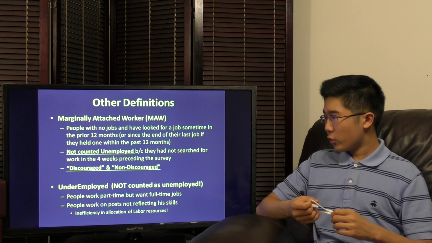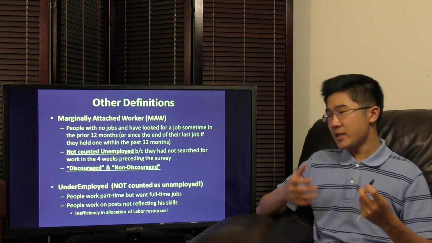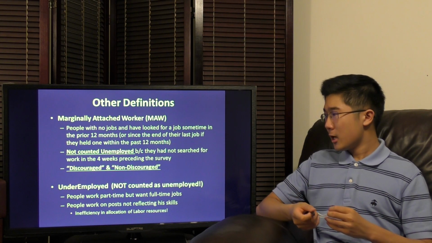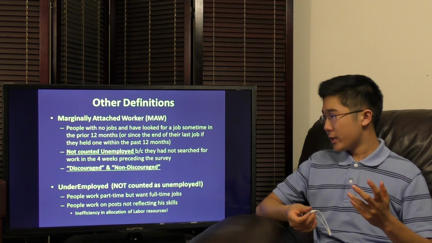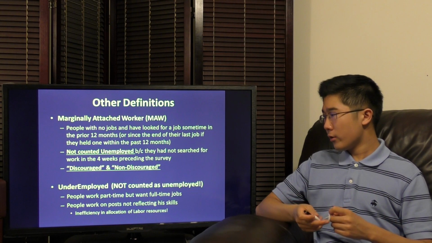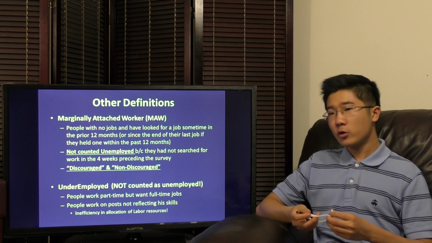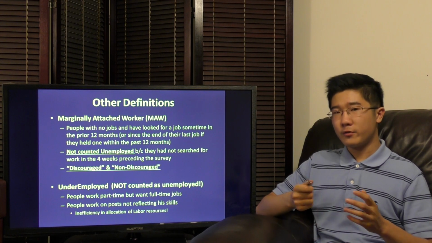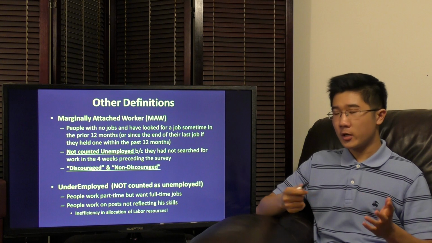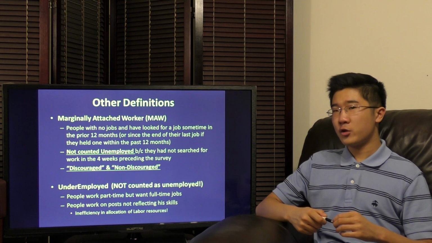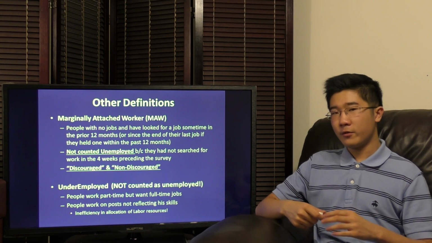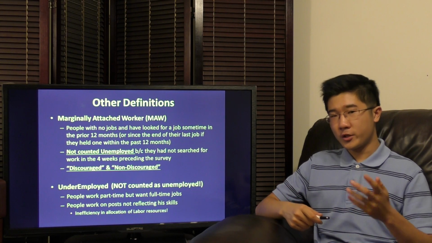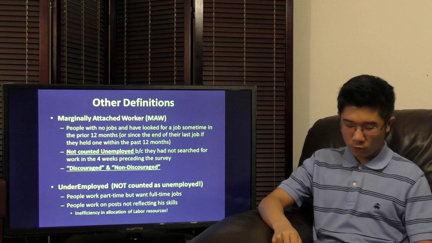And finally, there are underemployed workers who are technically employed, but they're still underutilized in their labor because they either work part-time when they could or want to work full-time, or they're working in posts that they're overqualified for. For instance, say a computer science major having to work as a cashier because of no other economic options in his or her area. That's an underutilization of his or her labor.